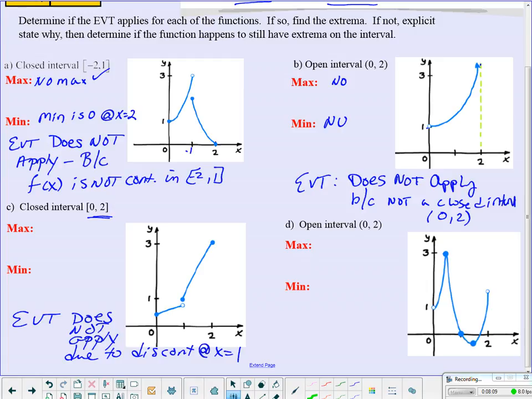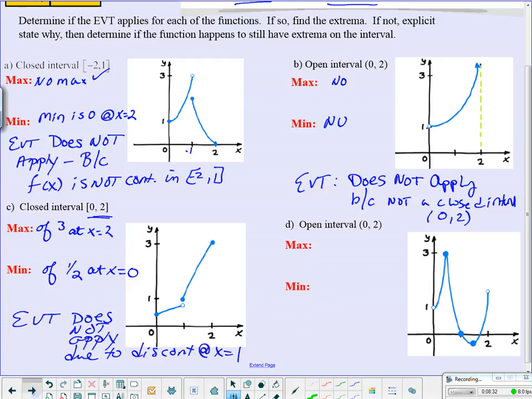Is there a max? Yeah, there actually is. There is a max of 3 at x equals 2. Is there a min? Actually, there is. There is a min of 1/2, let's estimate, at x equals 0. So I think you get the picture.